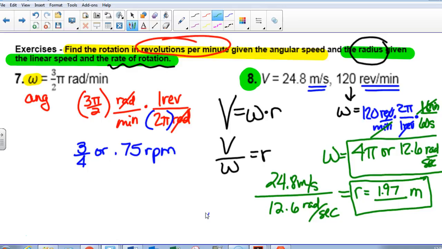You want to try the next one on your own, or not yet? Get started on number 9, see how far you can get.